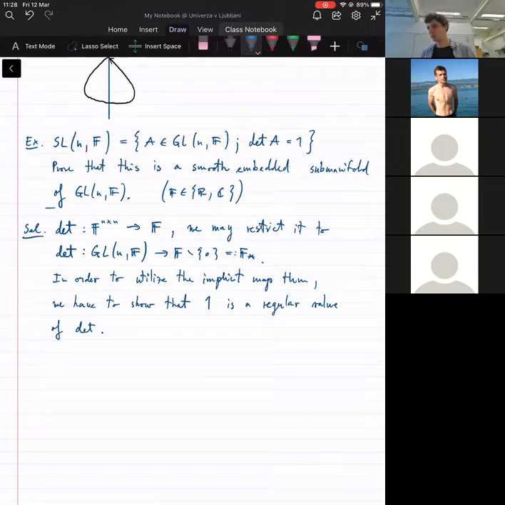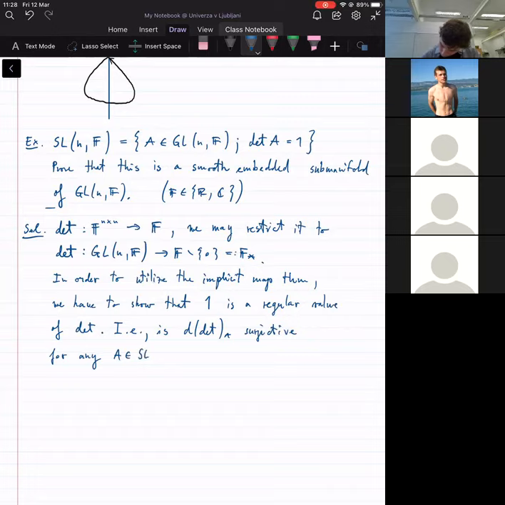So what we have to do is determine its derivative. This is what we want to show, that it is surjective.